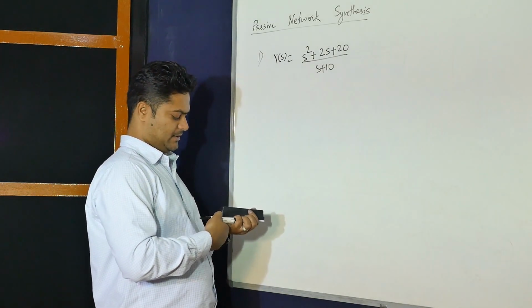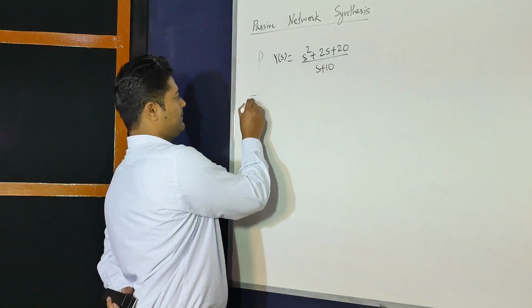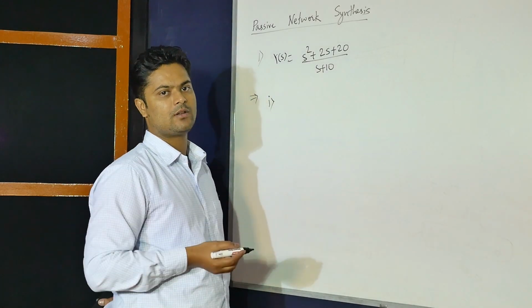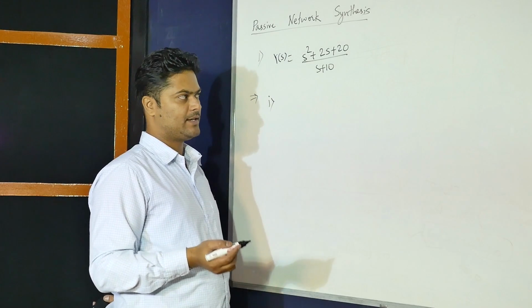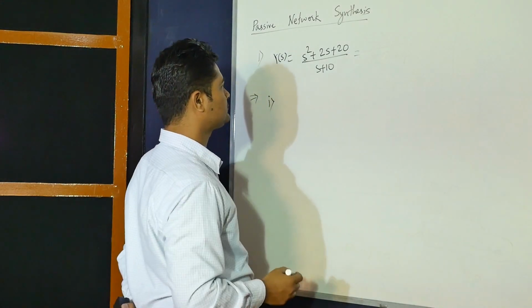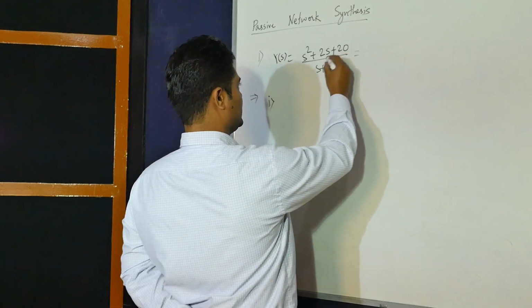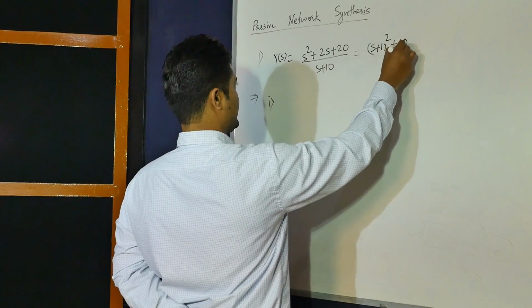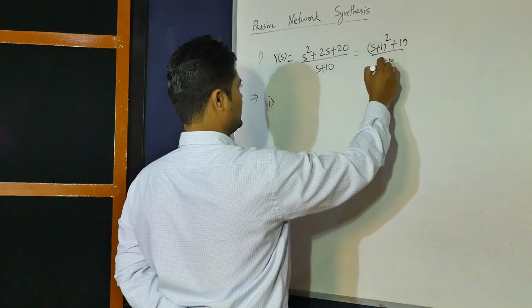As we said, the first and foremost step is to check whether the roots, that is poles and zeros, lie on the left side of the s plane or not. So let us write it as s plus 1 whole square plus 19 divided by s plus 10, right?